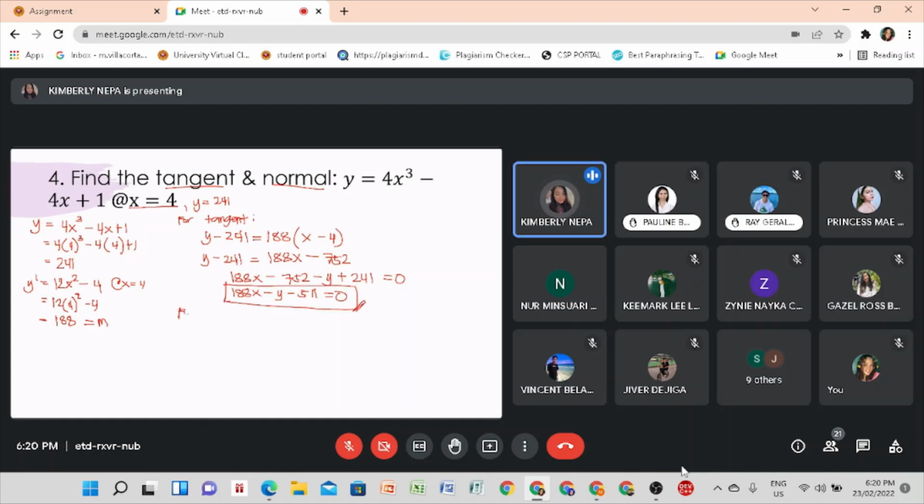So for the normal, our slope will be changed from 188 to negative 1 over 188, correct? Yes, po. So this would be y minus 241 is equivalent to negative 1 over 188 times x minus 4. Right?